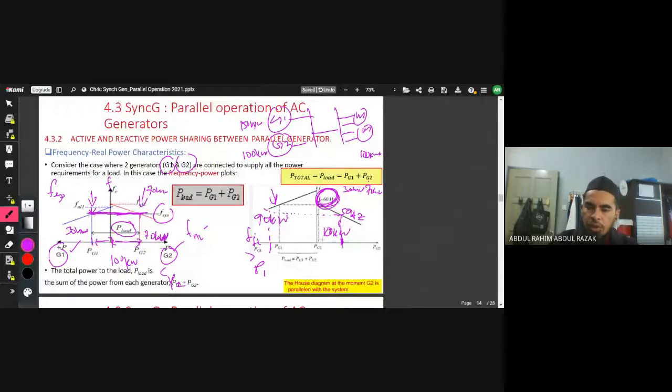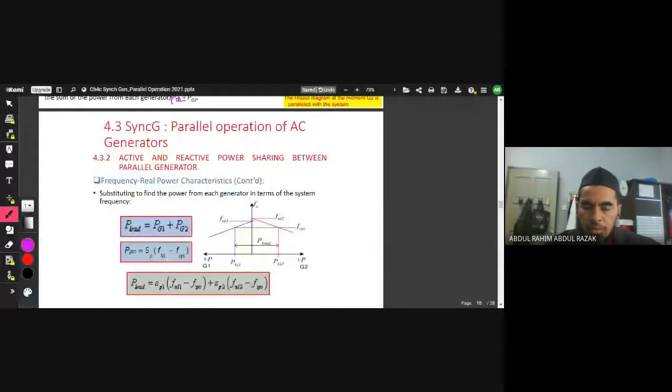If we want to share more from G2, the frequency will be amended. It cannot be done. So that is the concern of paralleling in terms of frequency when we absorb P from the system.